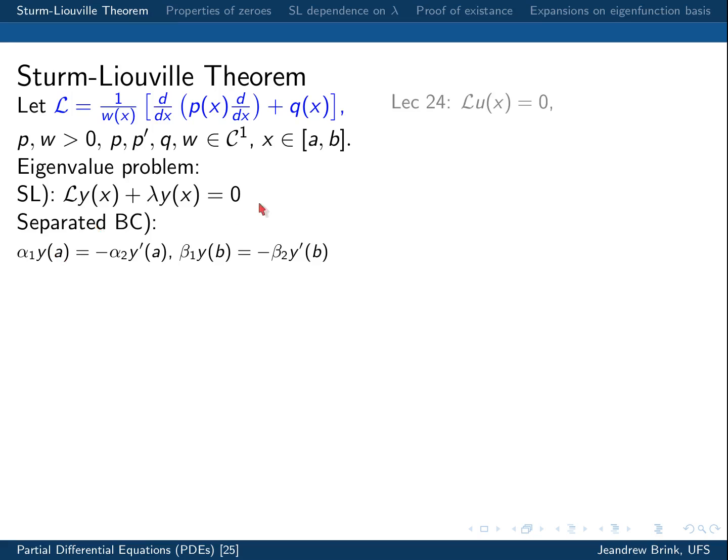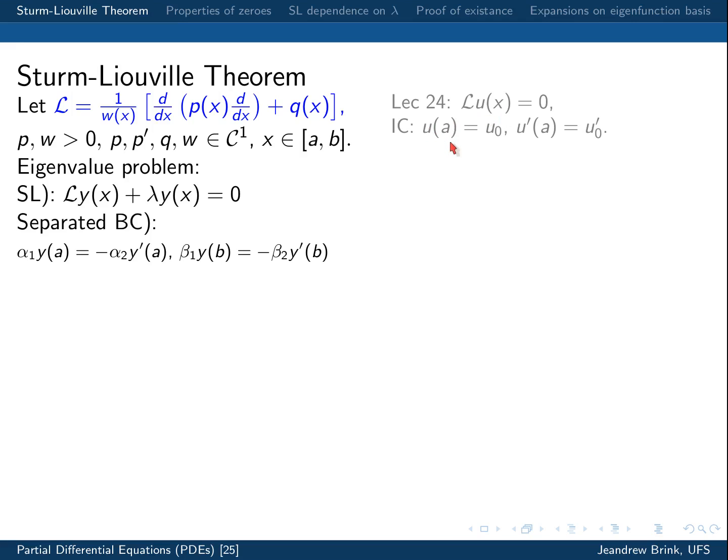In the last lecture, we looked at the properties of this operator equals 0, but where we had initial conditions simply specified at A. As in any ordinary second order ODE, you would have to specify both the function and its first derivative.